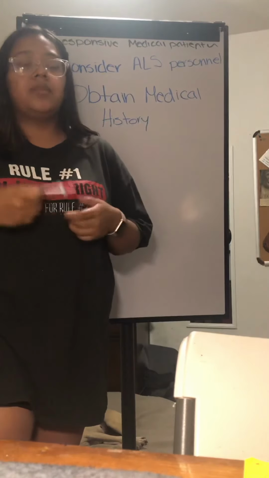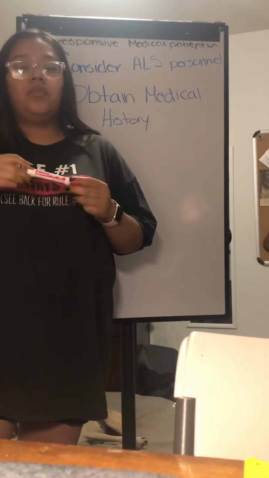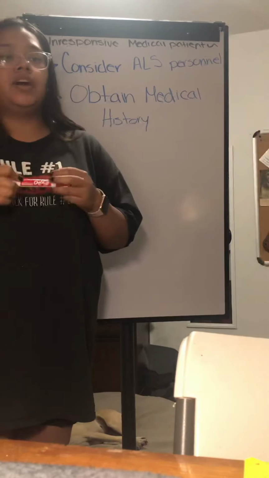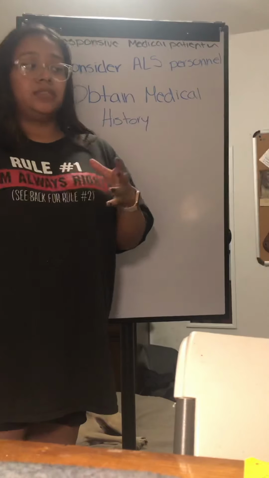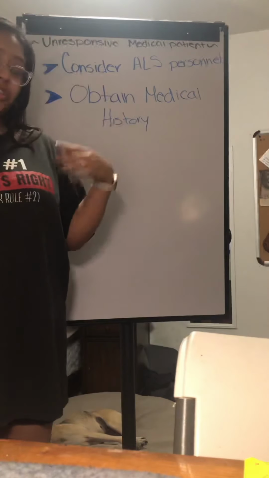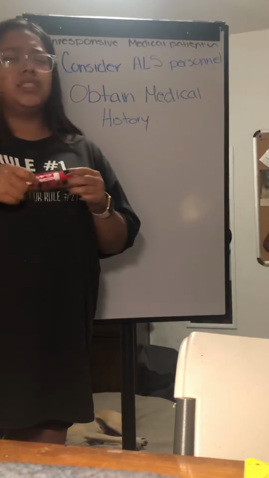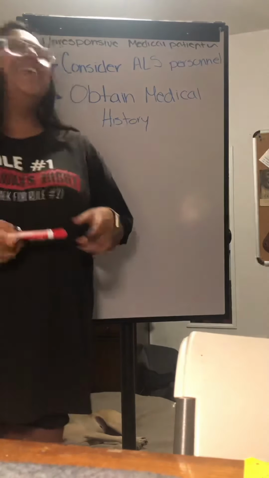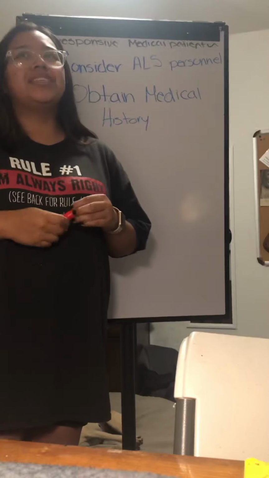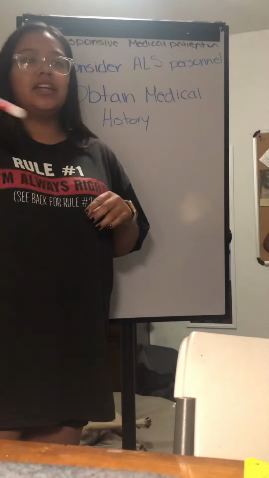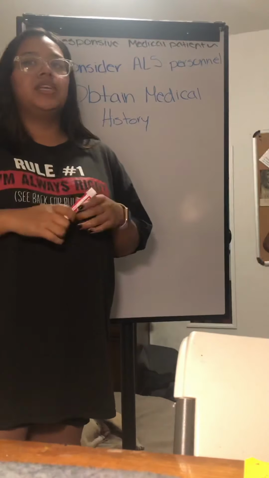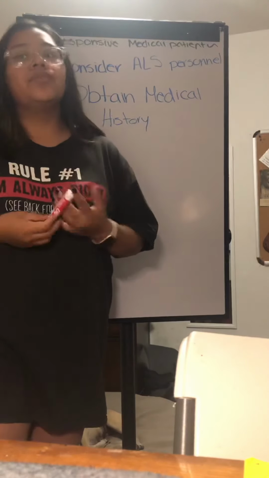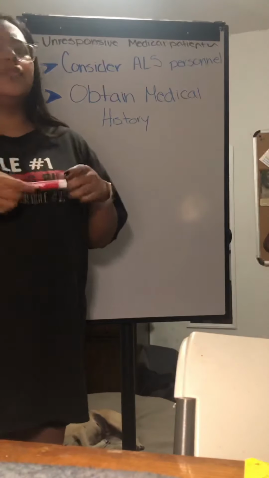Also, I think something important is that if they are on medications, and they have the medications on them, or if you're in a house, it would be good to check the labels. Correct me if I'm wrong, but you can see when they got the medications, because you could take into account that maybe they had a drug overdose, because that's also one of the main reasons.